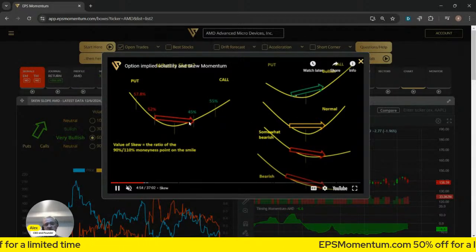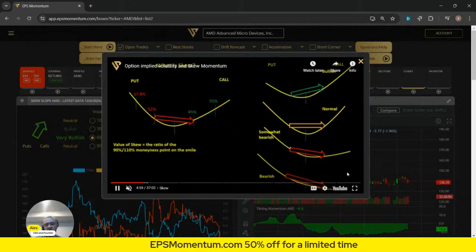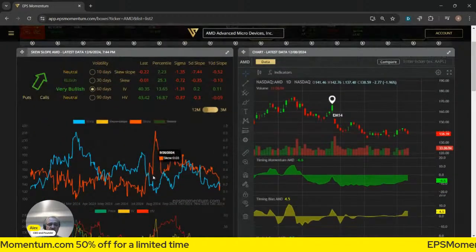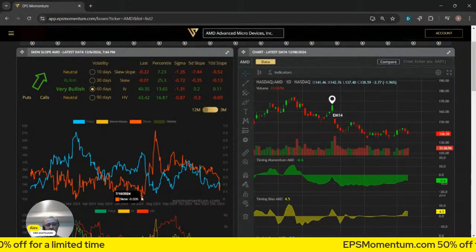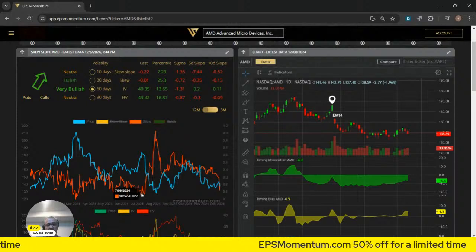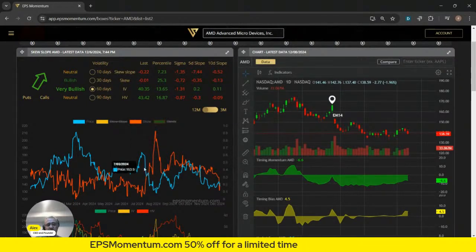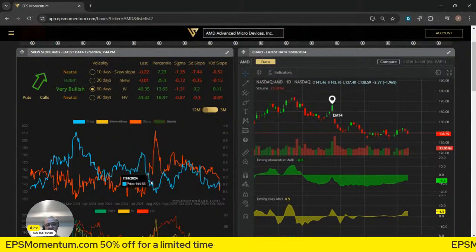So that's the skew. If it's very high up, the puts are expensive. If it's very low, the calls are expensive. So let's go back to this. If it's very low, the calls are expensive, meaning rally. If it's very high up, the puts are expensive, meaning a drop.